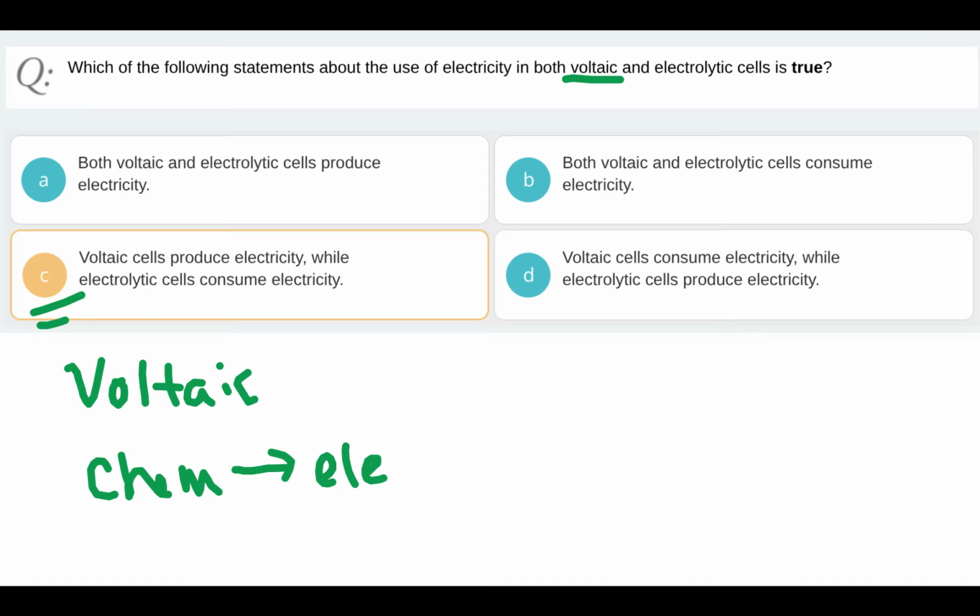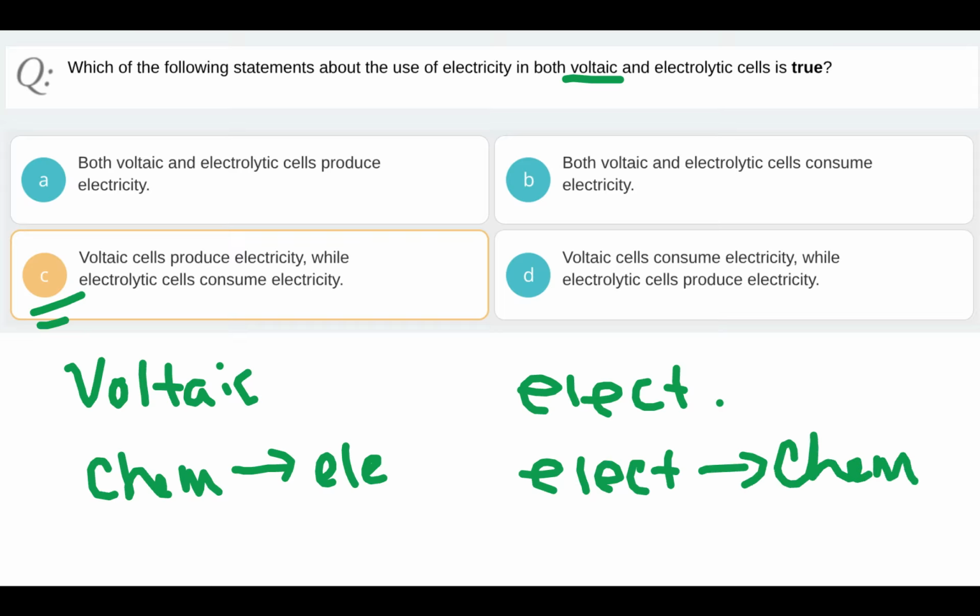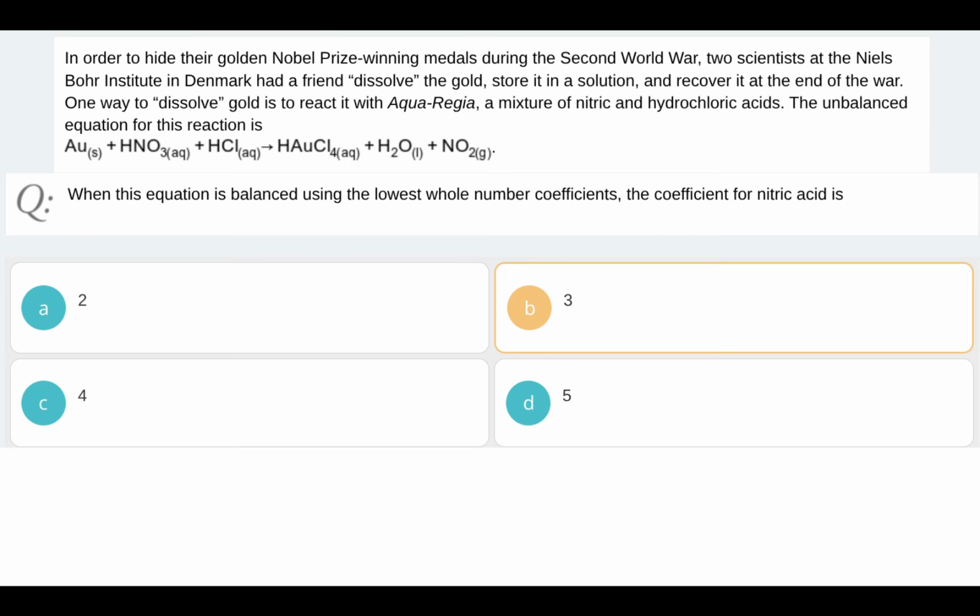On the other hand, electrolytic cells are non-spontaneous. So it takes electricity to force a chemical reaction. So it's different in that sense. So the one that works here is C. Voltaic cells produce electricity while electrolytic cells consume.